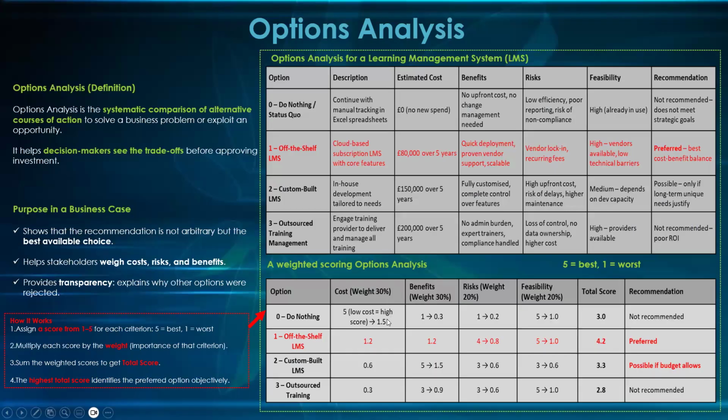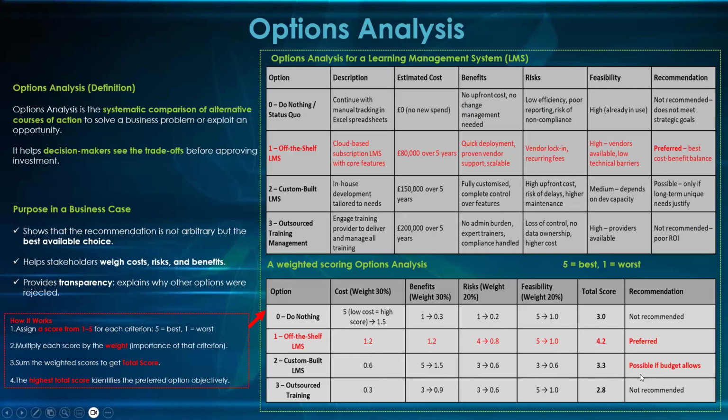That's 1.5. You do the same thing to the others. This is 1, this is 1, this is 5. So you multiply 5 by 20%, you get your result, which is 1.0. You multiply 1 by 20%, you get your answer, which is 0.2. These are the same things that you're going to be doing for all of it here.